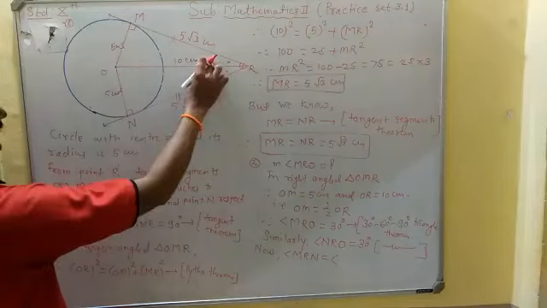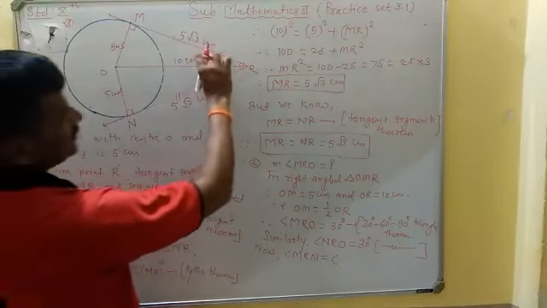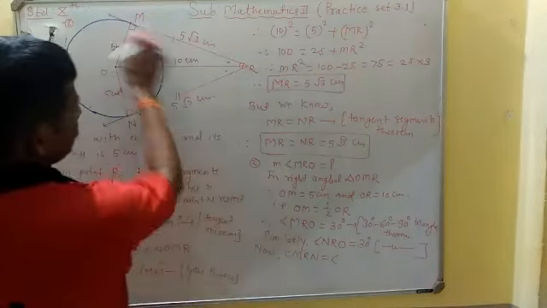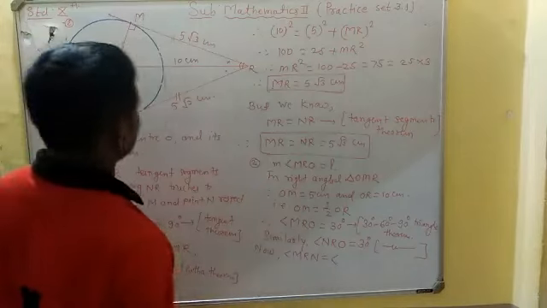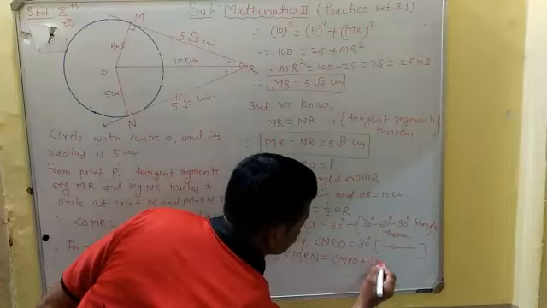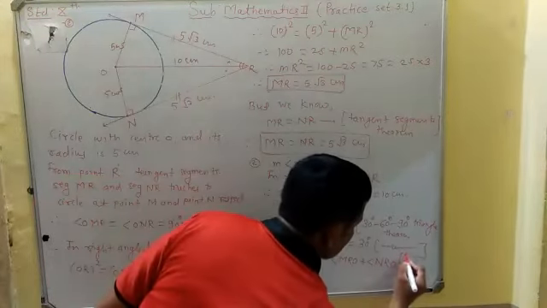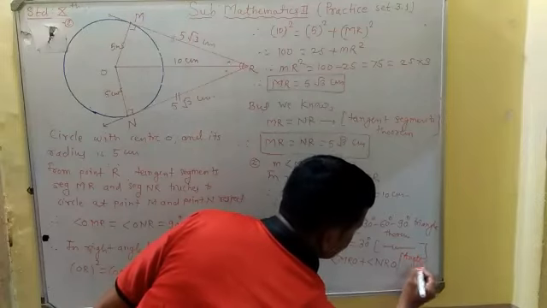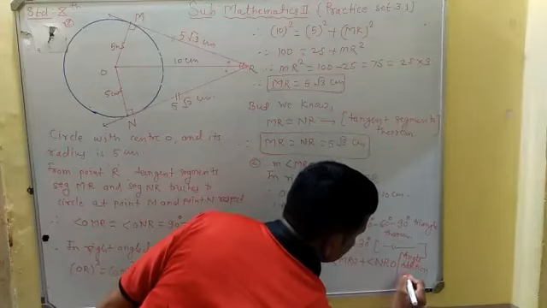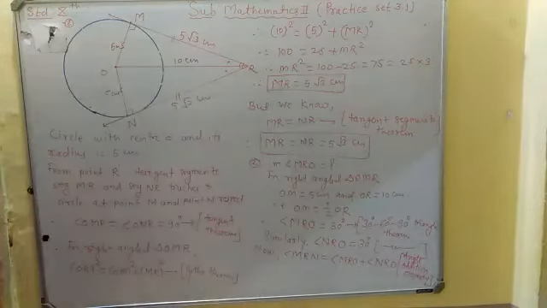That angle is divided by the ray OR, and hence by the angle addition postulate we write the measure of angle MRN is equal to angle MRO plus angle NRO. Give the reason here: angle addition property or postulate.